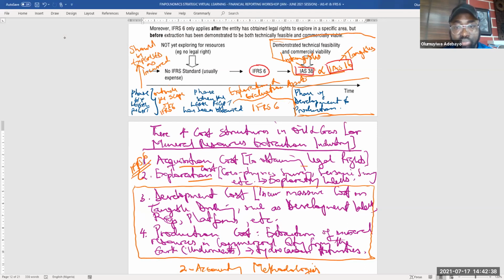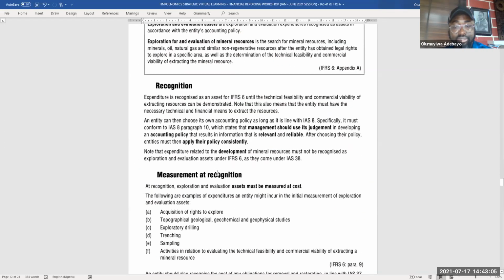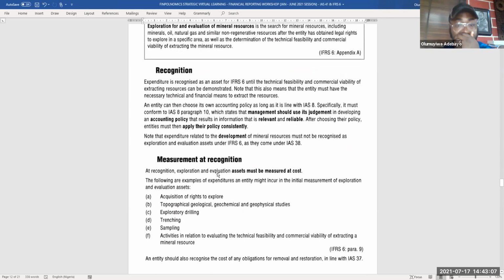Acquisition costs deal with obtaining legal rights, and exploration costs are incidental costs such as geophysical survey, seismic survey, exploratory wells, and some other incidental costs that you incur prior to the developmental phase and production phase of a mineral resource. Okay, in that light, with that little understanding, can you tell me, acquisition of right to explore, what are you going to classify it as?